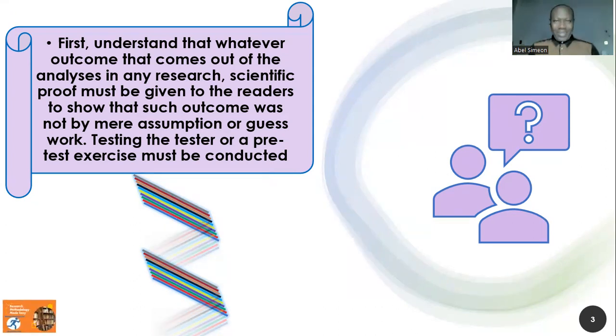This is your backing. Now, you came up with a work that has to do with dependent variable, independent variable, maybe moderating variable, in extreme cases suppressive variable. How does the reader know that this is actually the independent variable scientifically? How will the reader know that this is the dependent variable scientifically?